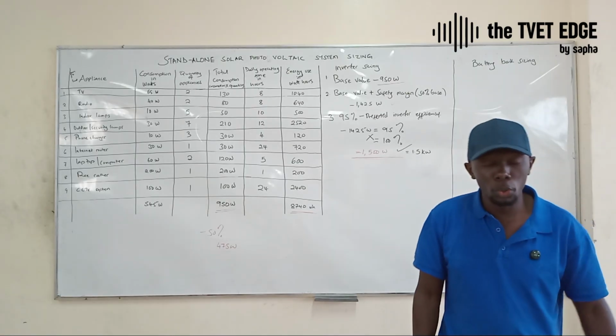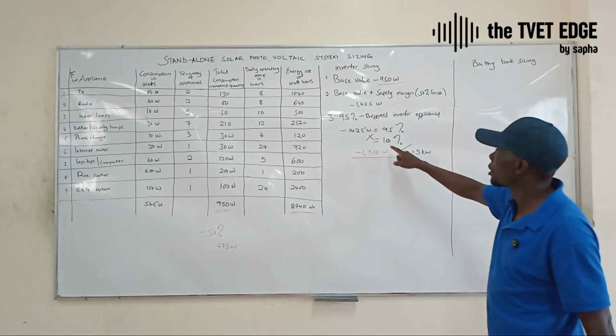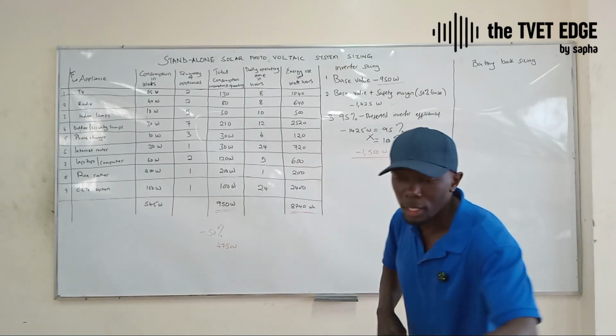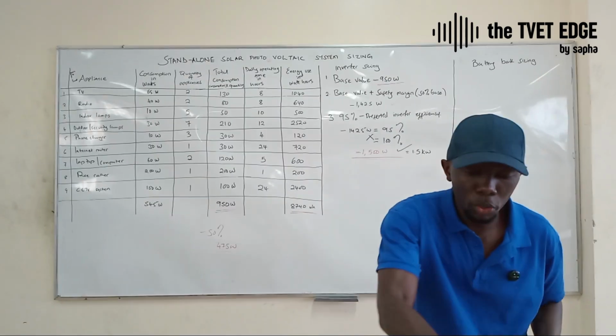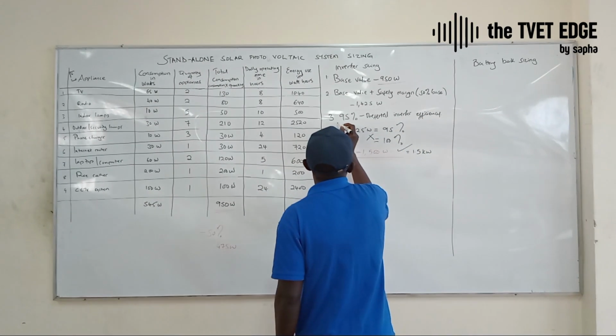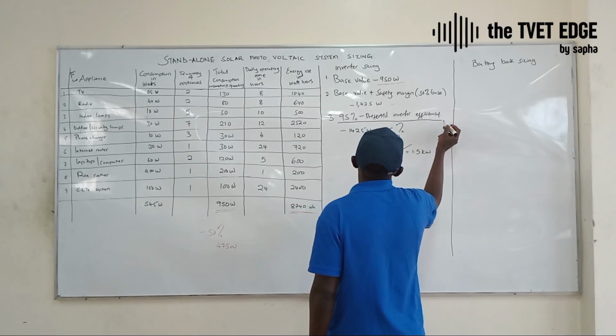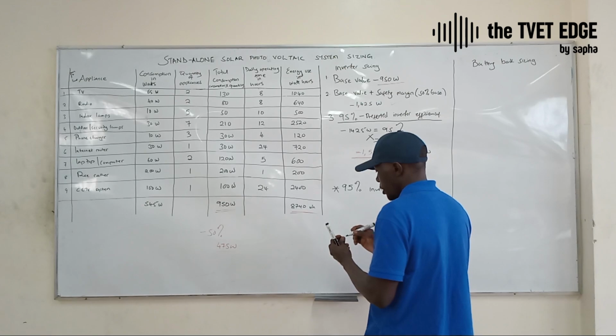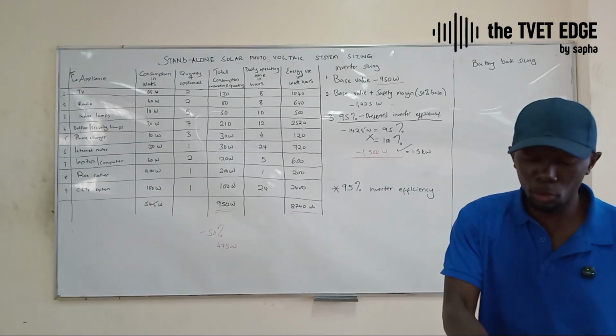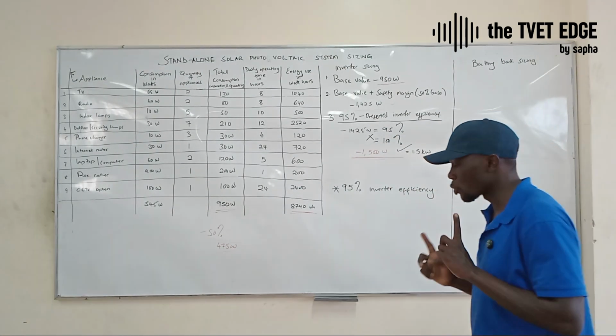So make sure you cater for the inverter efficiency. This is a very important value because we will use it again at the battery point, this preferred efficiency. So, 95% inverter efficiency.